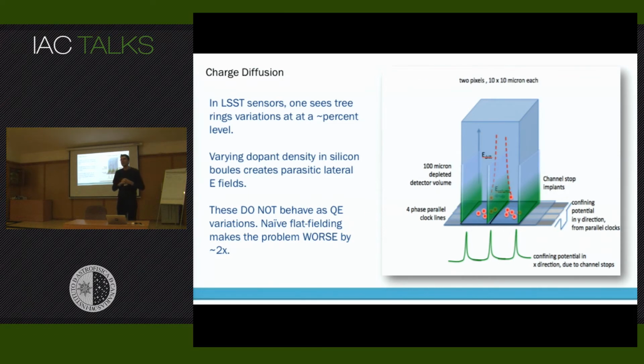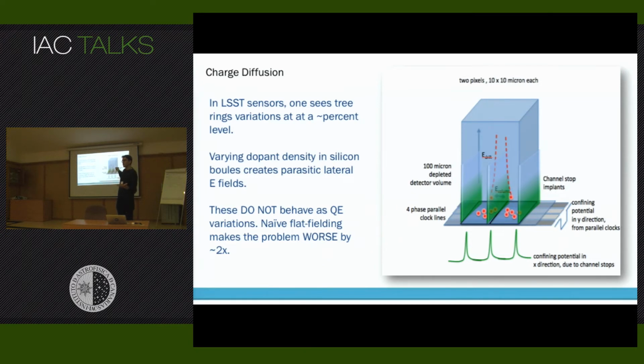Flat fielding assumes that it's a quantum efficiency issue. So flat fielding assumes that for some reason the photon entered the pixel and then it disappeared. It wasn't recorded as an electron, right? The quantum efficiency of converting a photon into an electron was worse in this pixel than in an adjacent one. Whereas what's happening here, the photon didn't disappear, it just moved to the next pixel. So you're misinterpreting what's actually happening.